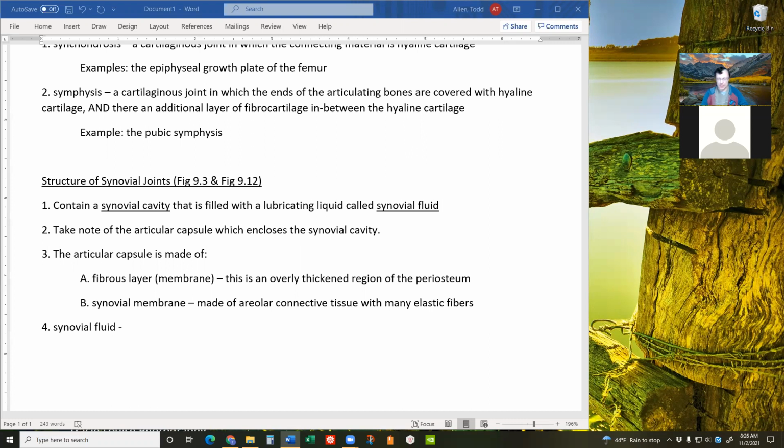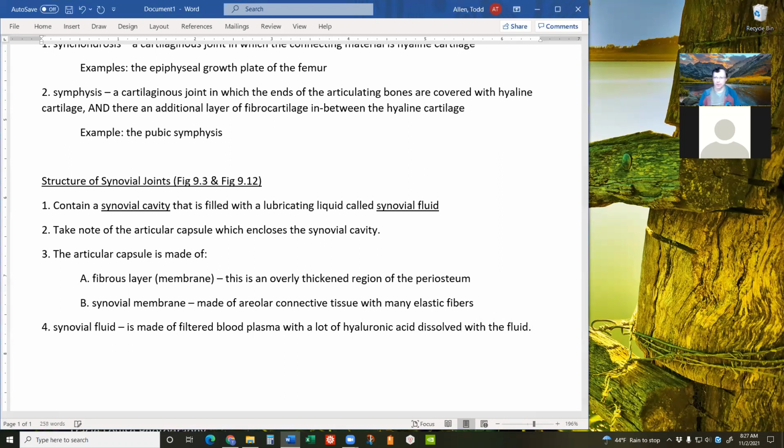Synovial fluid is made of hyaluronic acid that is mixed in with interstitial fluid, which is actually filtered blood plasma. Okay, so synovial fluid is made of filtered blood plasma with a lot of hyaluronic acid dissolved in the fluid.